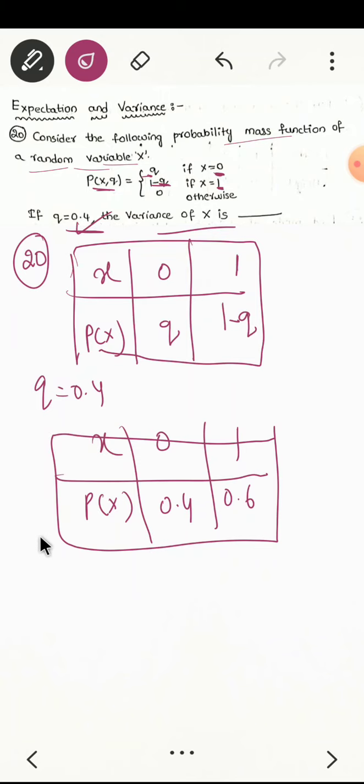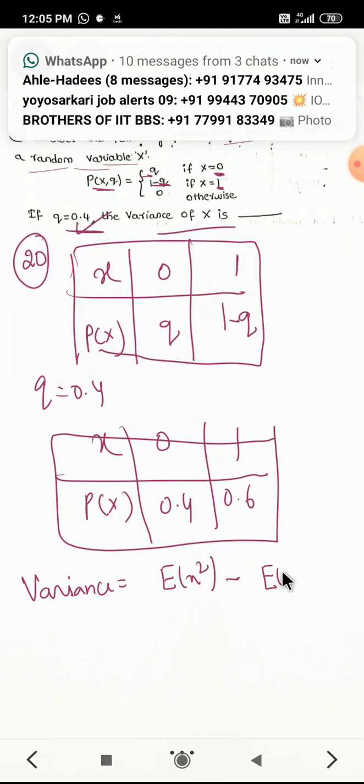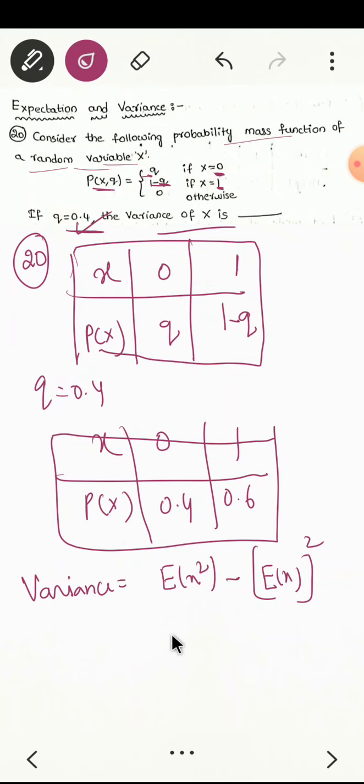Then they are asking for the variance. Variance is E of x square minus E of x whole square. For E of x square, first do the square of x: 0 square into 0.4 plus 1 square into 0.6.